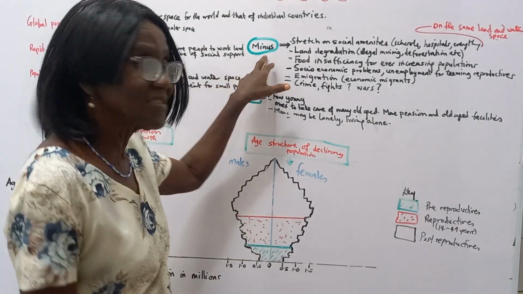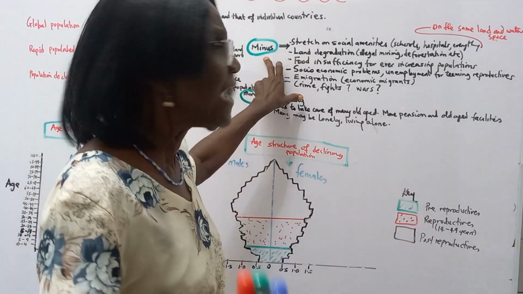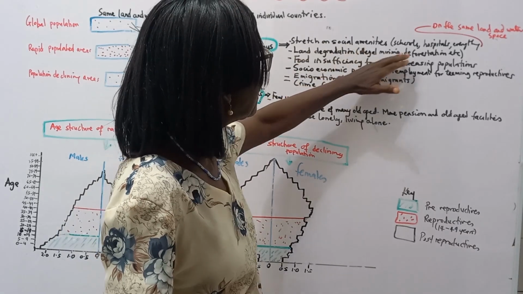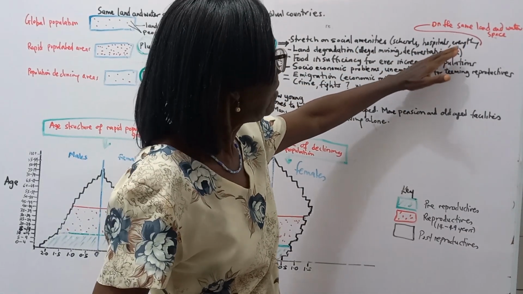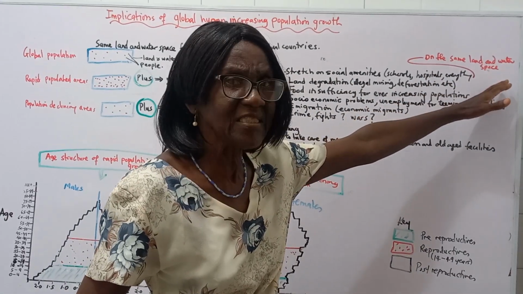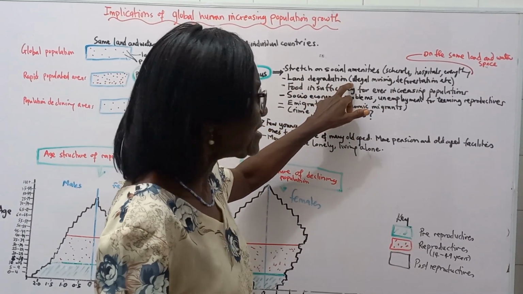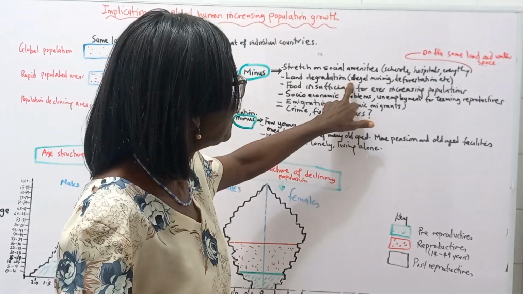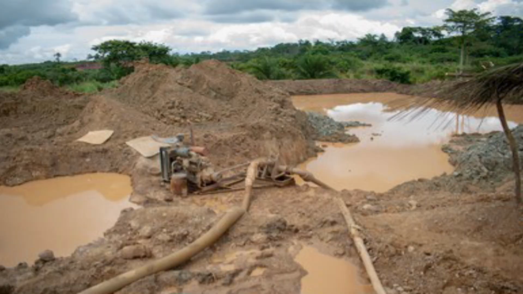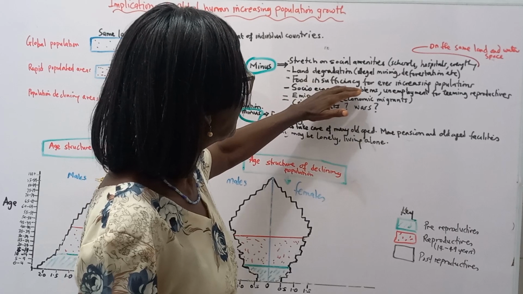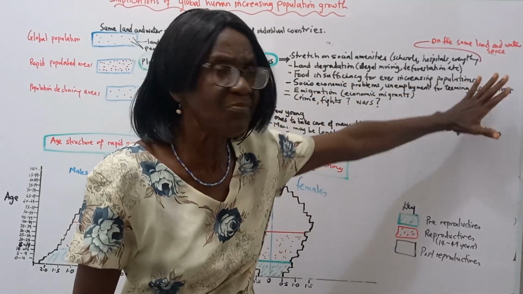But the minuses, the disadvantages, are plenty. There's a stretch on social amenities of all kinds because it's the same land and water space. And then there's land degradation in some of these areas. You have illegal mining, deforestation, destroying the same land space that plenty of people are occupying. And so food insufficiency for the ever-increasing populations.